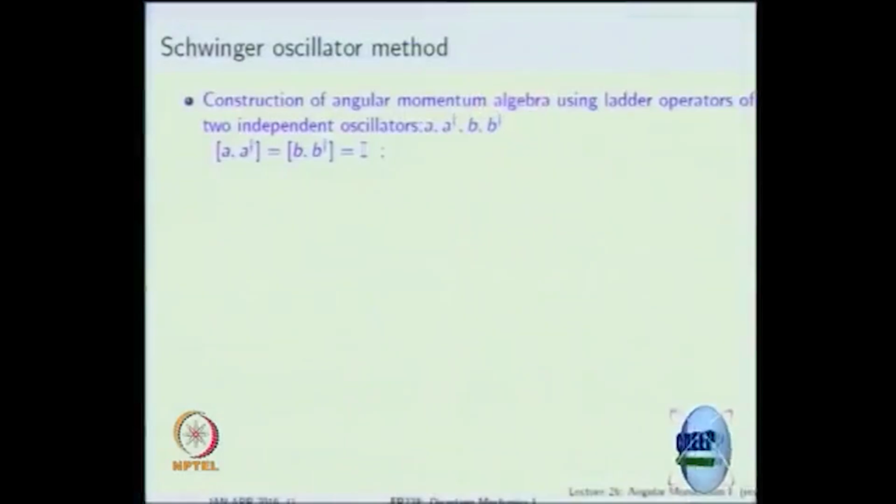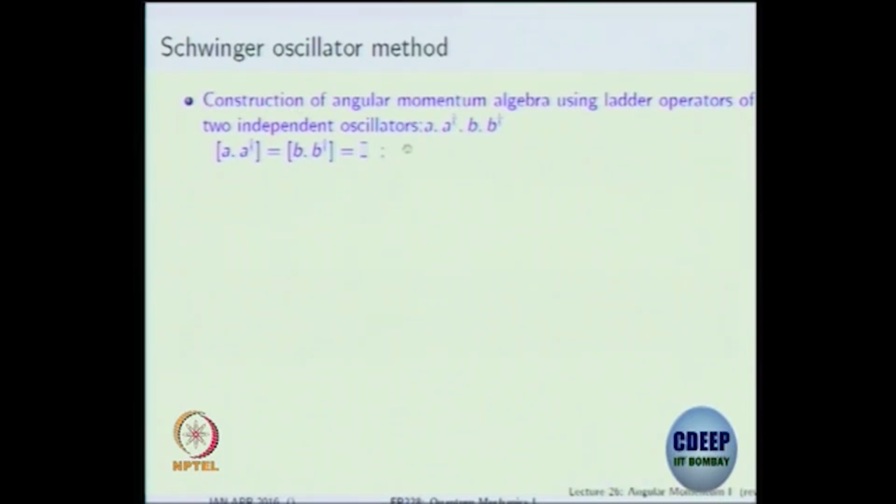So recall what I was trying to do in the last lecture. I was trying to say that let's take two independent oscillators with A and A dagger as the lowering and raising operators for one oscillator, and B and B dagger for the other oscillator, but they are independent.